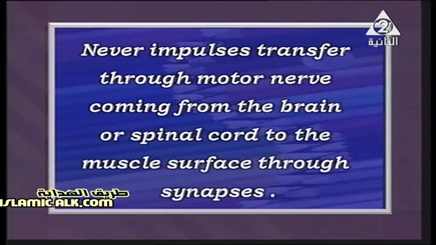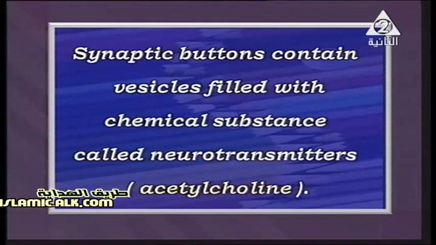Easy? Well, what happens when nerve impulses are transferred through a motor nerve coming from any part of the central nervous system, like the brain or spinal cord, reaching the muscle fiber through the synapses or synaptic area? What happens at this moment? The synaptic buttons contain vesicles, tiny protrusions filled with a chemical substance called neurotransmitters.